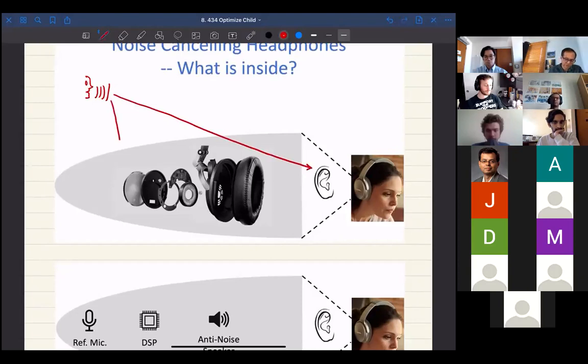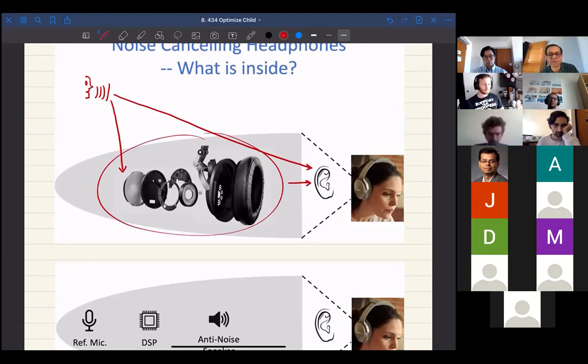That sound is also coming to the headphone. And the headphone needs to do something to that noise and play what is called an anti-noise. So the headphone should play this anti-noise, such that at your eardrum, the noise and anti-noise destructively cancel each other. That's the goal of noise cancellation.